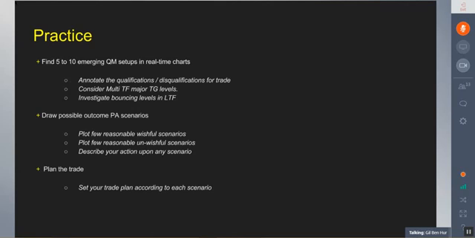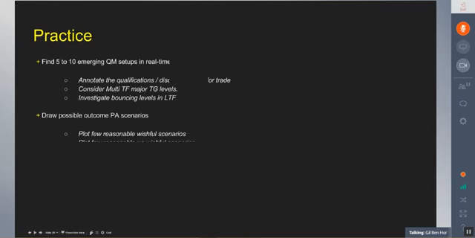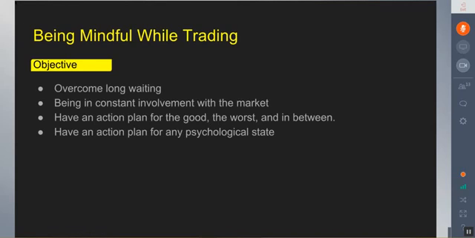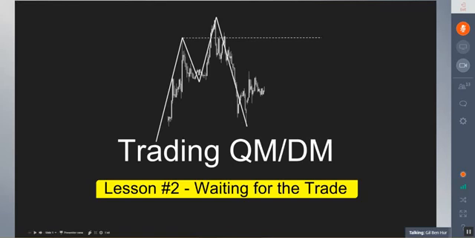So I want you to be very much aware and explanatory and reasoning for how you classify, how you qualify your trade. So I want you to find, like we did in this slide, events in real time where the Quasimodo is not resolved yet.